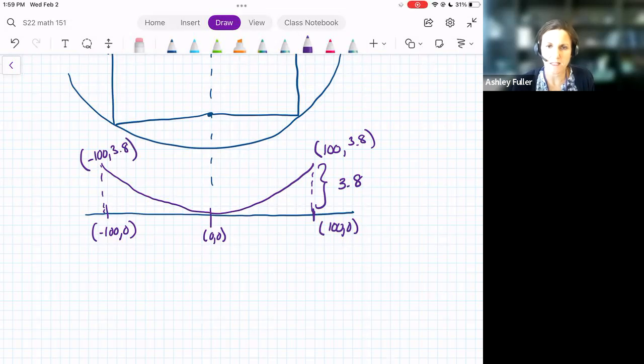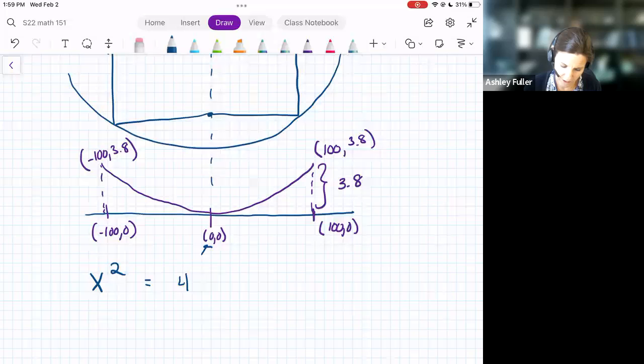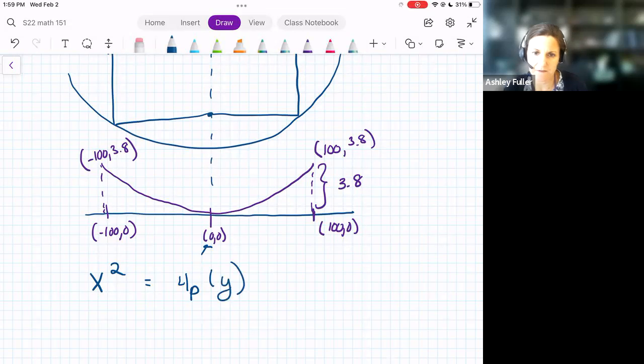If we want to determine an equation for this parabola, we know that it is a vertical parabola, so we're going to have x squared. Notice our vertex is 0, 0, so we don't need to worry about h and k, equal to 4p times y. Well, we need to be able to figure out this 4p value.